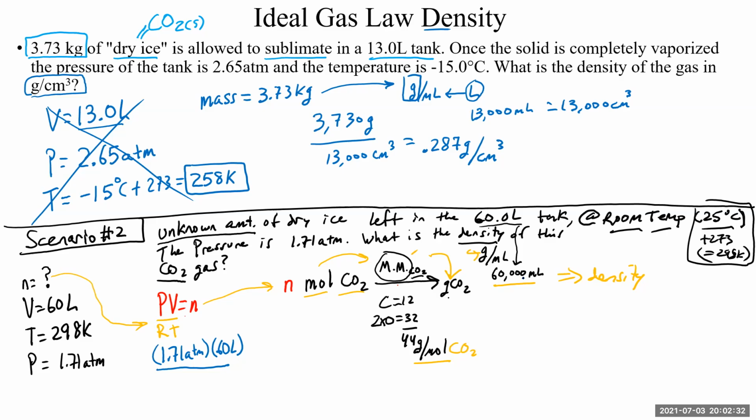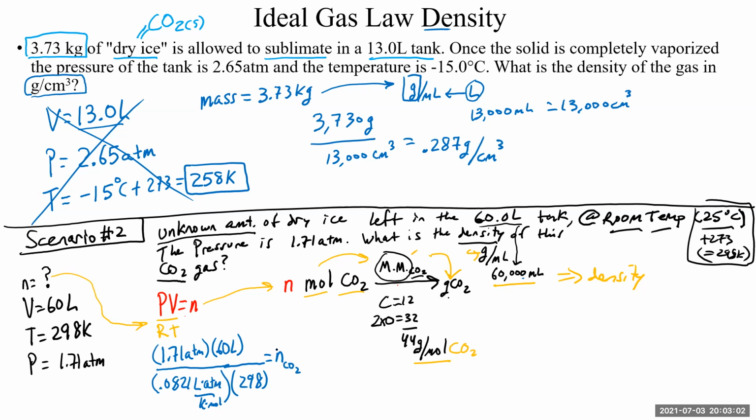It's going to cancel with the 60,000 eventually anyway, but let's just take it one step at a time. We can figure out shortcuts later on. That's not really that critical right now. R, of course, is 0.0821 liter atmospheres per Kelvin mole, multiplied by the temperature, which is 298 Kelvin. All of this is going to equal n, our number of moles, n sub CO2.